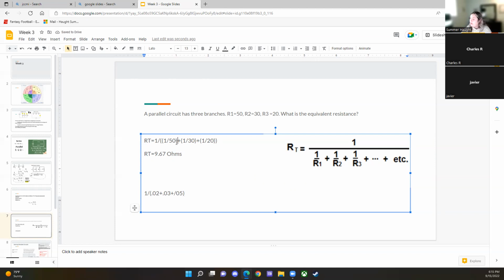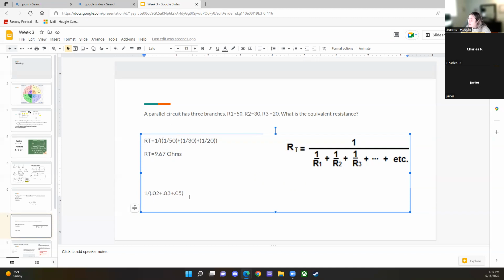Once you calculate all of these fractions as decimals, I would then add all of those together. So 0.02 plus 0.03 plus 0.05 is 0.1.